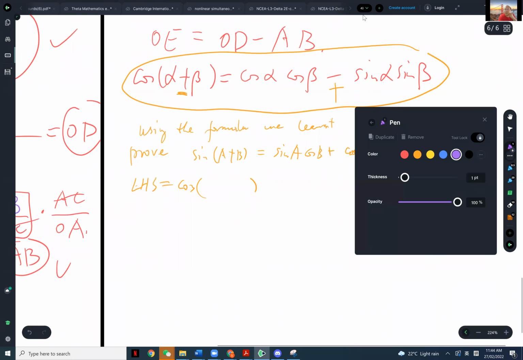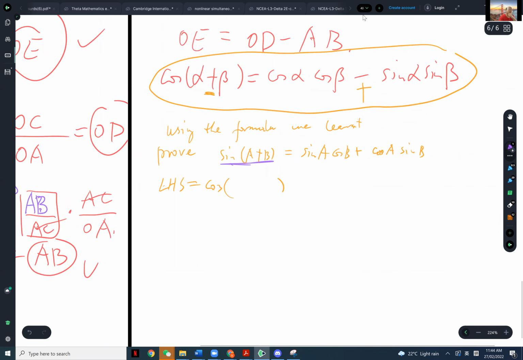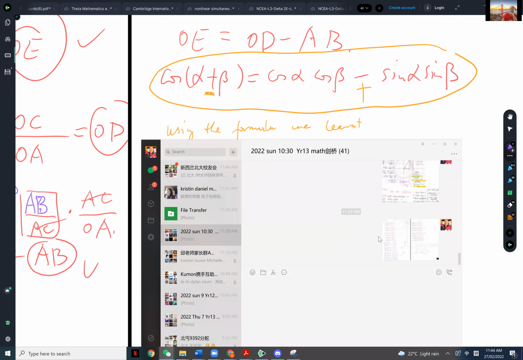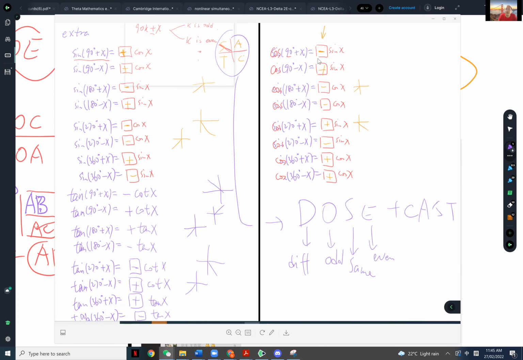Sine x equals cos what? Sine x equals cos(90 minus x).